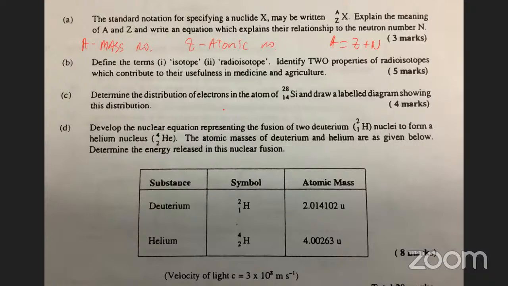Write it down: short half-lives. Those are the two main properties of radioisotopes. The question didn't ask you to list uses, they just want the properties that allow them to be used in medicine and agriculture. All right, move on to C.